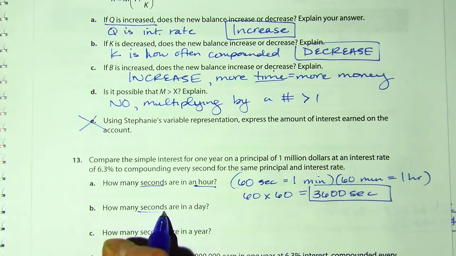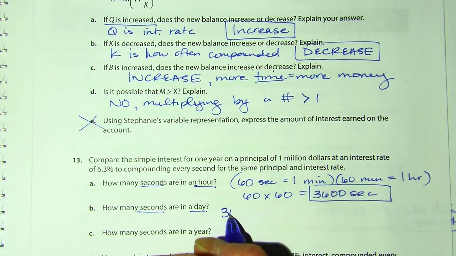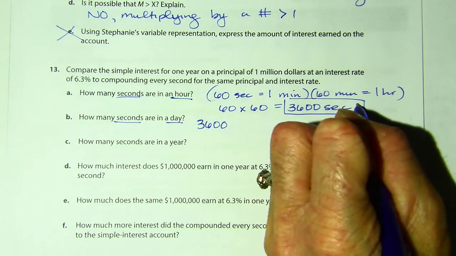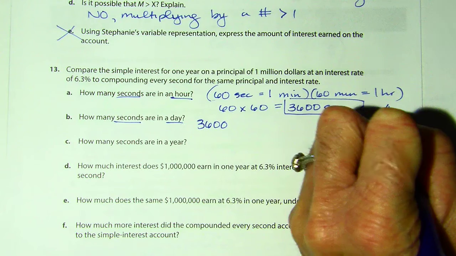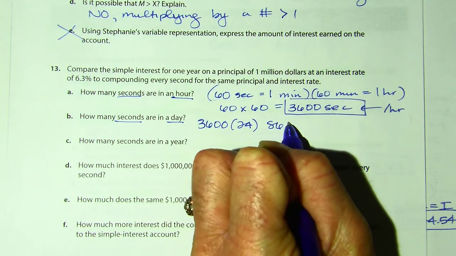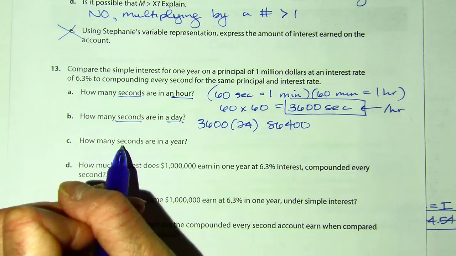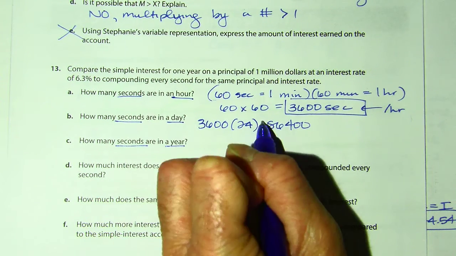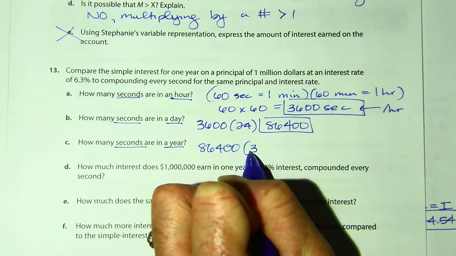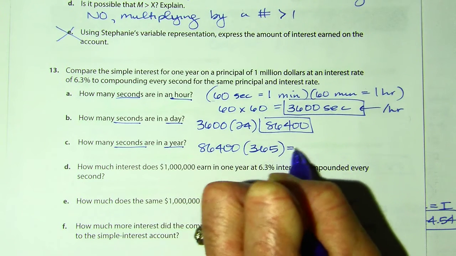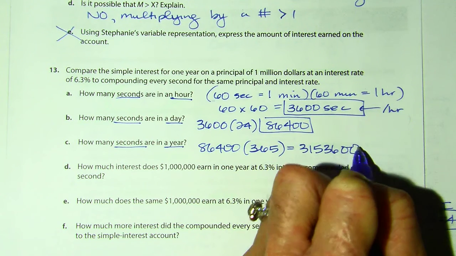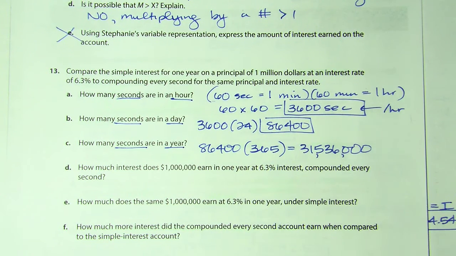How many seconds are in a day? Well, that would be 3,600 seconds per hour, and there are 24 hours in the day, so that would be 86,400. How many seconds are in a year? Well, you would take 86,400 times 365 days, and that would give me 31,536,000 seconds in a year.